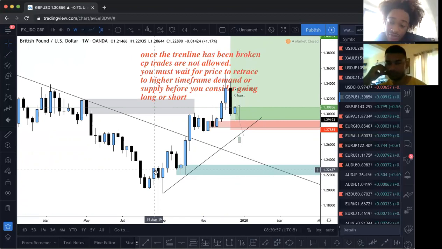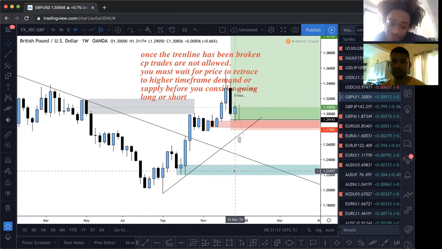Exactly. So on a daily time frame, yes, you can have a day close, but on a weekly time frame, remember 7 days is 1 week. A weekly candle doesn't close until Friday. So what that means is if the market gets down to this weekly demand zone here before the end of the week, then it could go long, right?